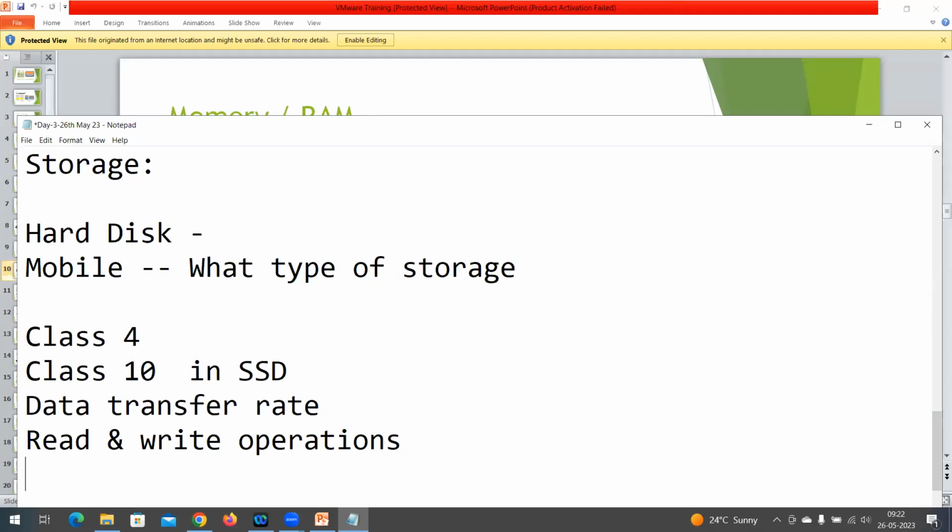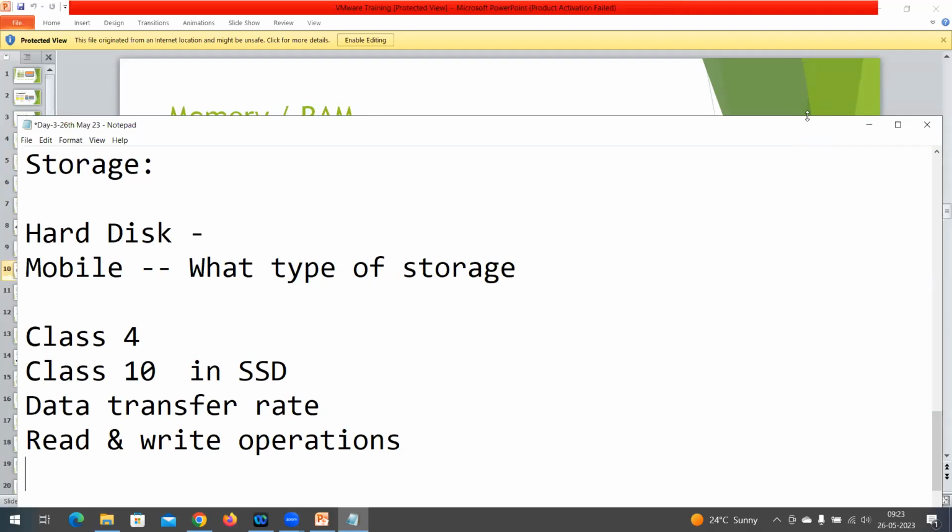So if we are talking about a server, we need to make sure a number of users are going to connect. If a single user is facing the read and write operation issue, how about a number of users having the issue? The same issue is going to come into the picture. So what we need to make sure is we provide max processor, max memory.